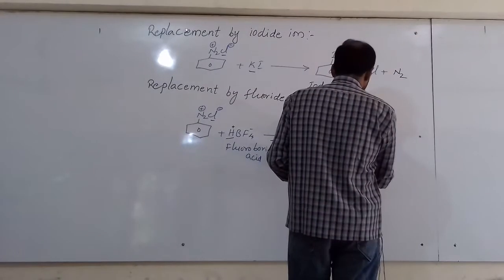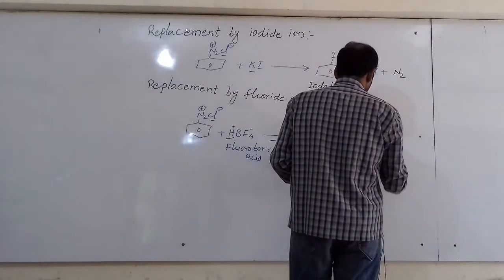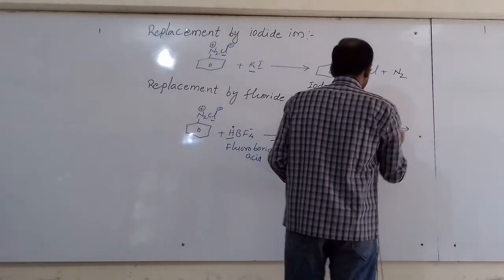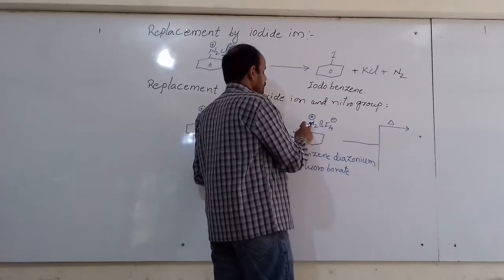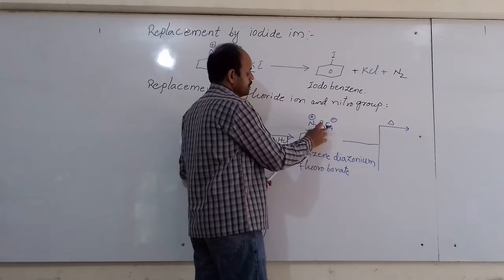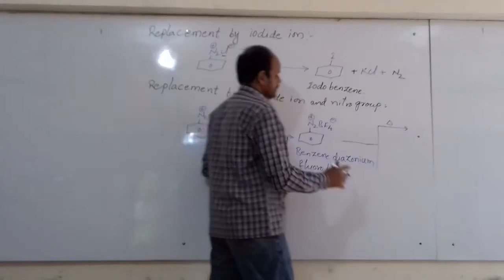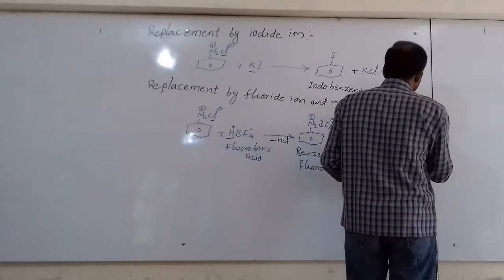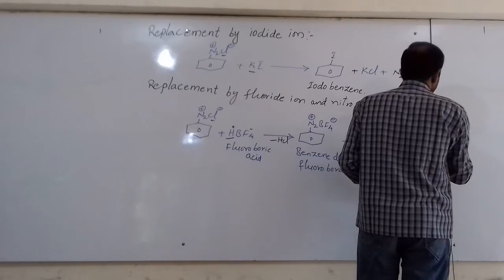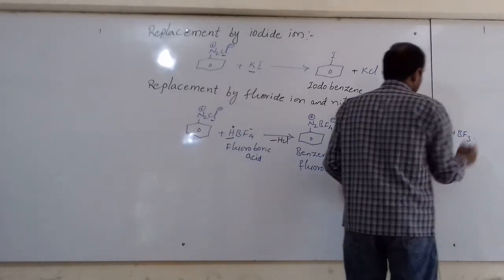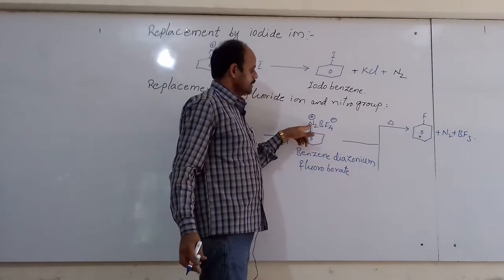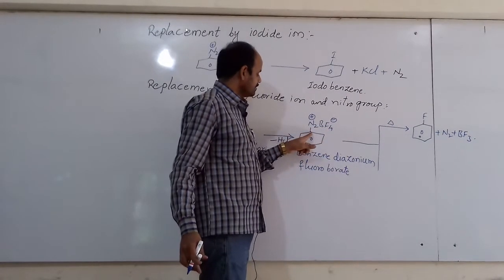Now if you heat this compound directly, what happens? The N2 group is removed as N2 gas and the BF3 molecule is removed, then one fluorine attacks the benzene ring.